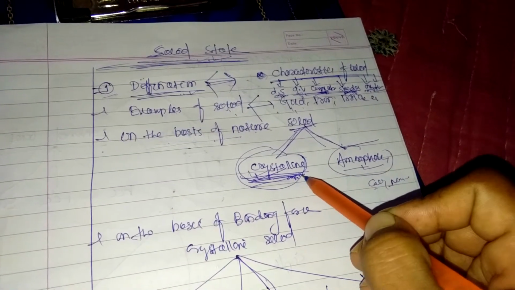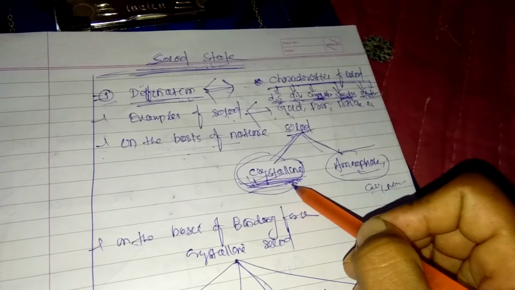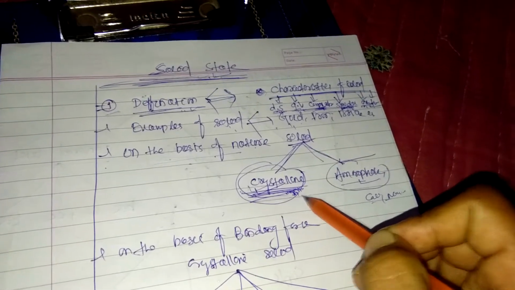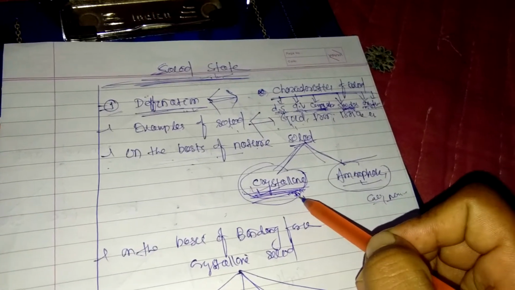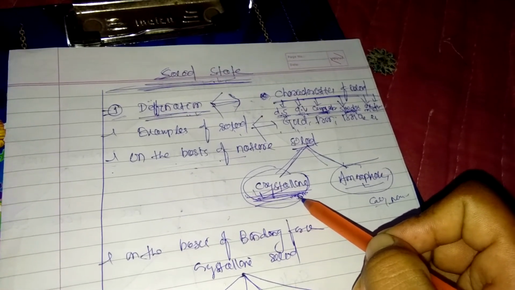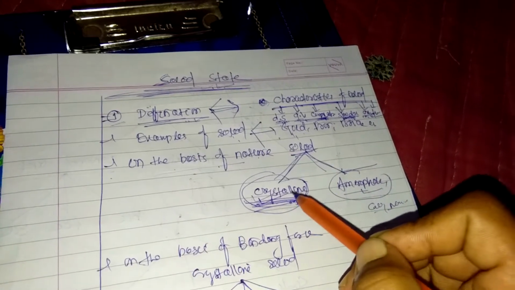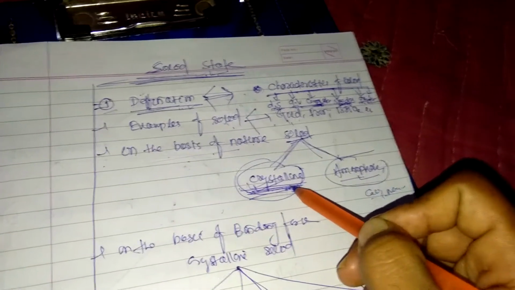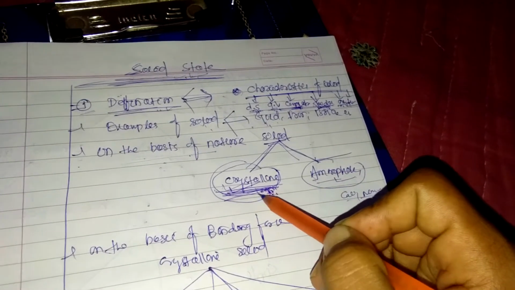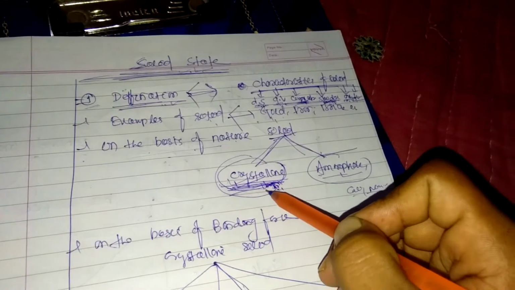Because its physical properties and refractive index are different in different directions. Examples of crystalline solids: sodium chloride, quartz, glass, sand, whatever is there, whether dissolved in water or not. Crystalline solids possess symmetry. When you cut a crystalline solid, it forms two plane surfaces.